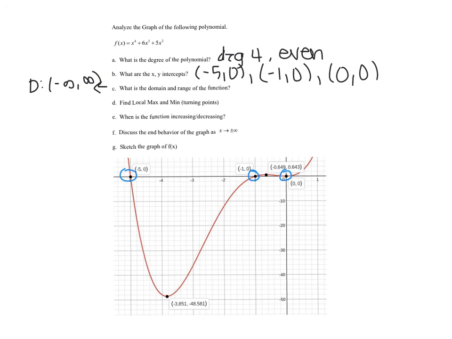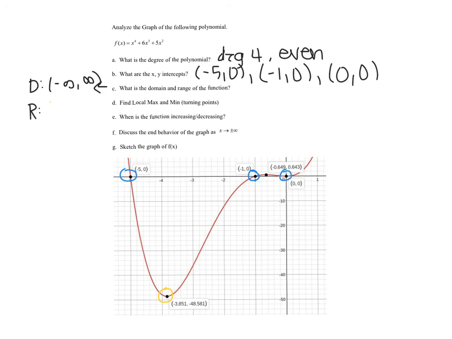Now, because even degree functions have a high or a low point, the range is not always -infinity to infinity. We want to look at the lowest point possible on our graph here to figure out the smallest possible value in the range. And that's going to come from this point down here. So if I look, the smallest possible y value I can get out is -48.581.